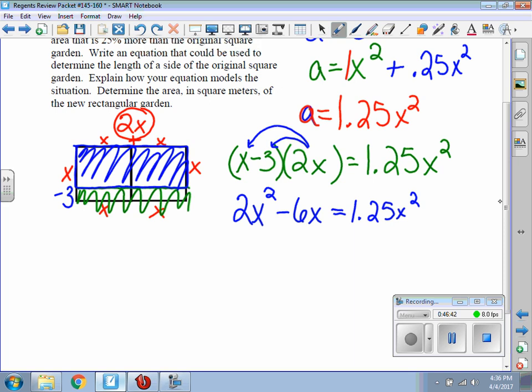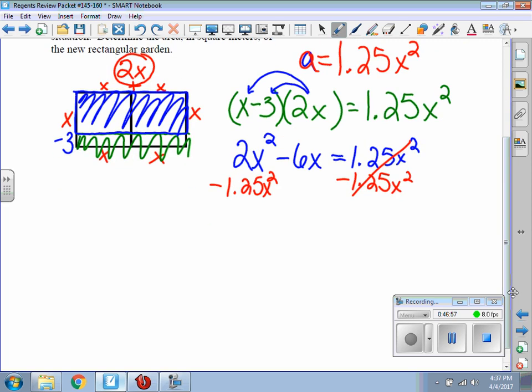I still need to solve this for x, and I notice that there's 2x squareds there. So I'm going to combine like terms. Since they're on different sides, I do need to bring one over to the other side by doing an opposite. When I do that, I get 0.75x squared minus 6x equals 0.